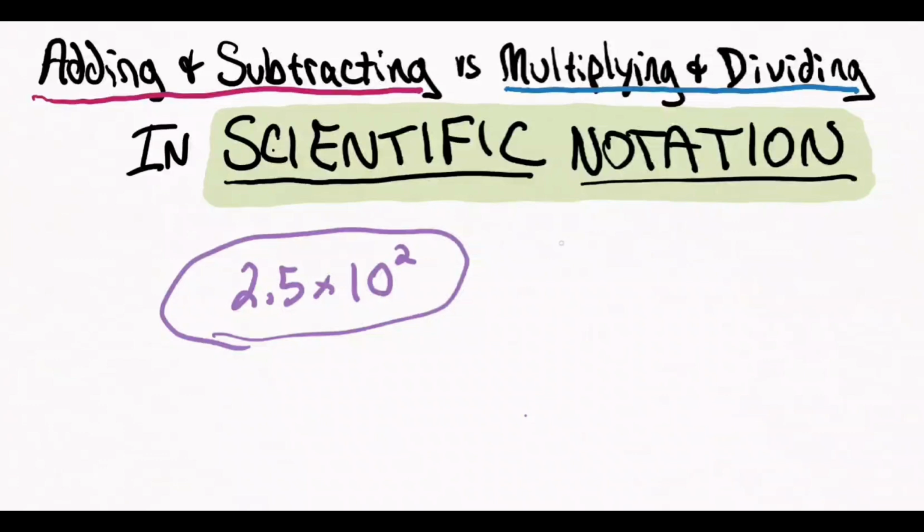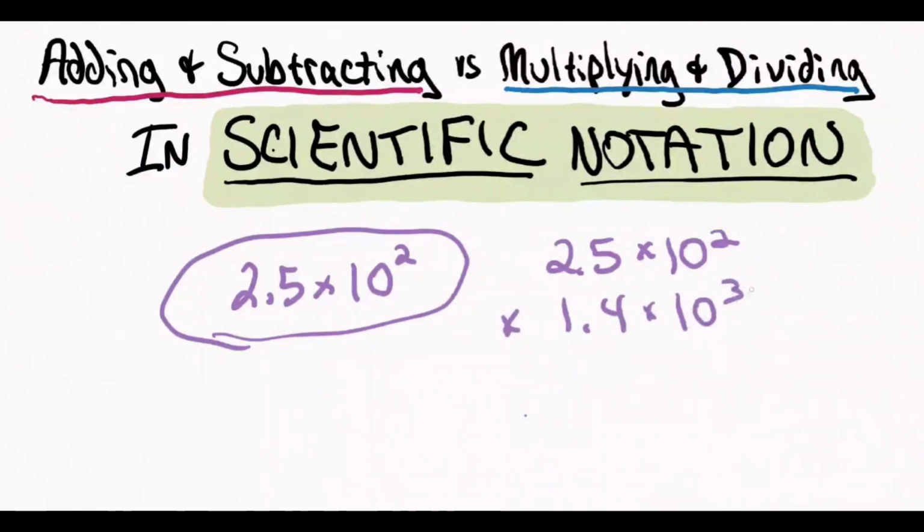And the problem people get into is when you end up with problems like this, times 1.4 times 10 to the third, and you don't know how to do that. You're thinking, oh my gosh, do I have to turn all these back into regular numbers and then multiply them, or how do I do this?